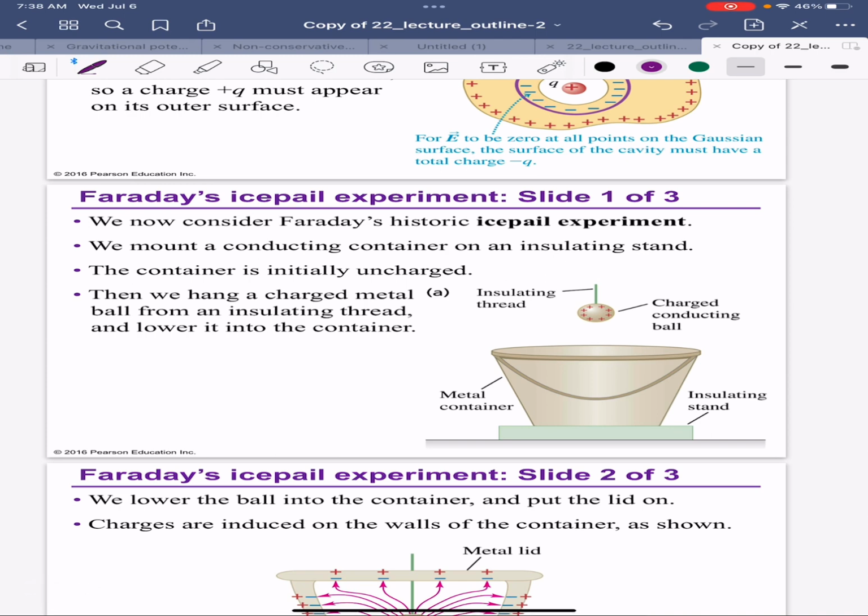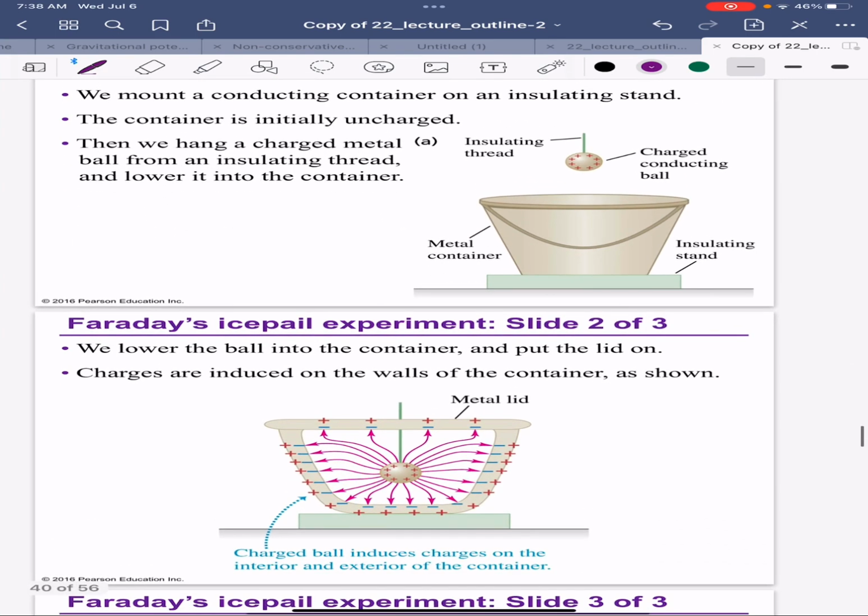Then we hang a charged metal ball, and of course we need an insulating thread so that the charge will not leak, and lower it into the container. When it is lowered, charge will be induced in the container as shown here. Induced means the inner surface gets the negative of that, and the outer surface is positive.